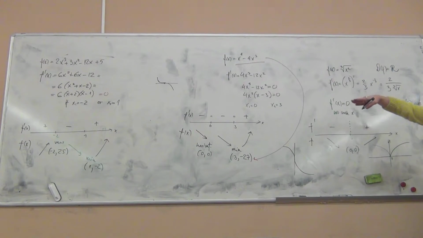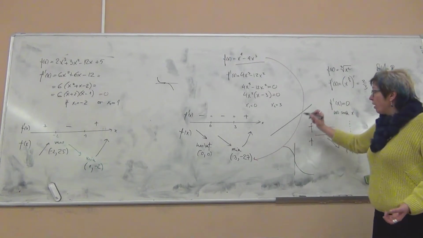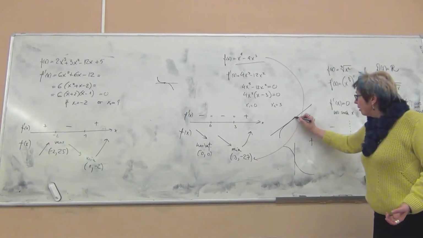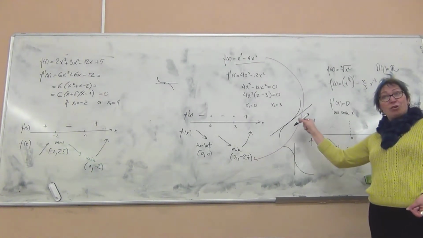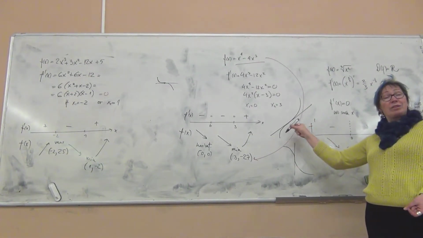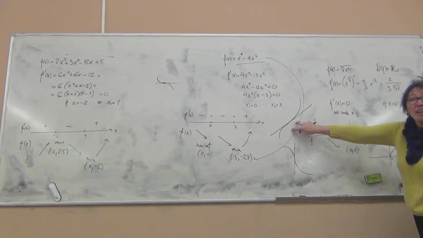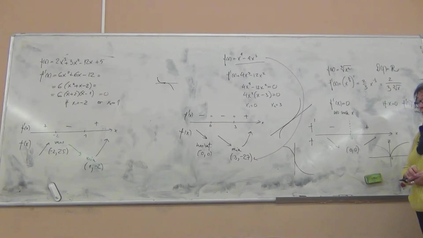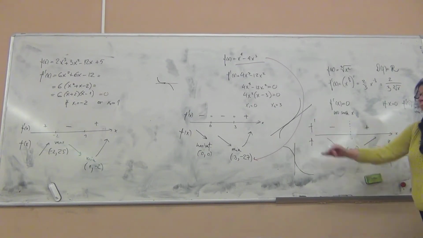We have a horizontal inflection point, a vertical inflection point. Who's to say that we cannot have a slant inflection point like this, where the tangent is neither vertical nor horizontal, but a slant line, just like this. So we can have this kind of inflection as well, but this is not a minimum nor maximum.